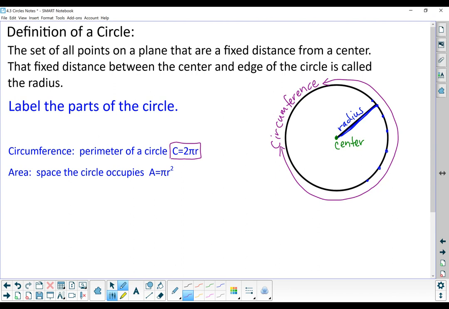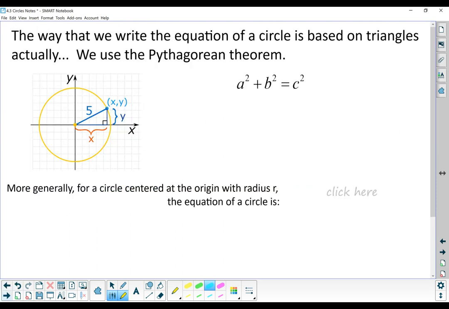That's a handy formula to know for like the ACT and things. And then to calculate the area of a circle, or the space that it occupies, we would use the equation pi r squared. So you're probably familiar with those two. It's great if you know those two formulas.